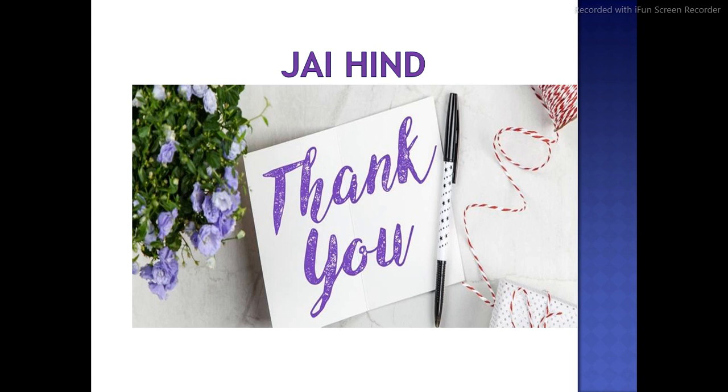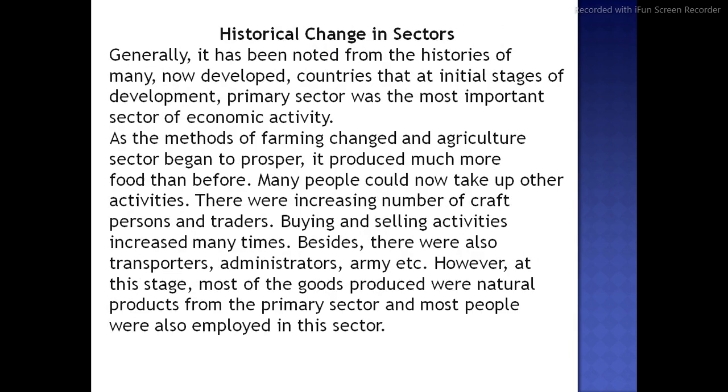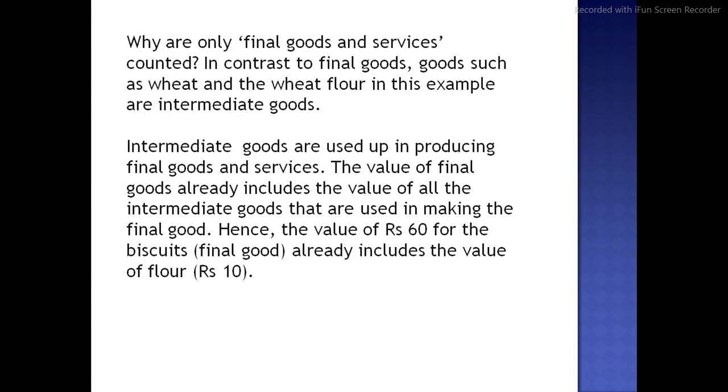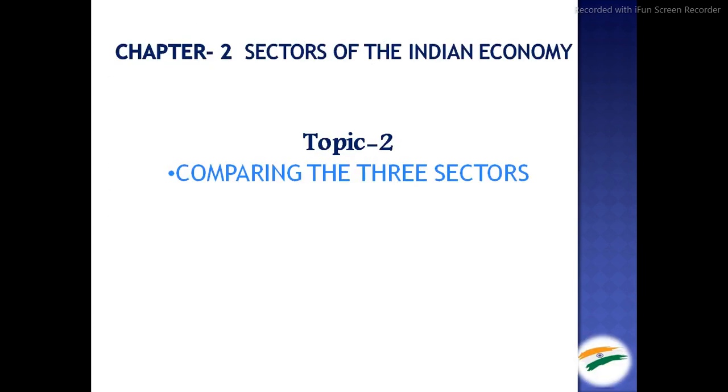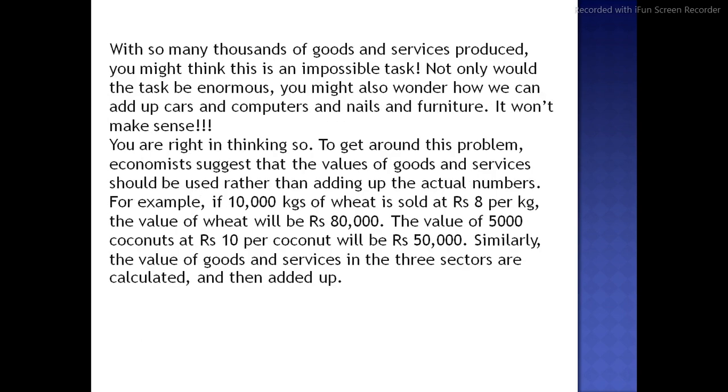So from this presentation, lastly, I want to give you today's homework. Please quickly note down. First, comparing the three sectors. For this, question number 1 for you: define the term GDP, or you can write the question, what do you mean by the term gross domestic product or GDP in brackets, right?